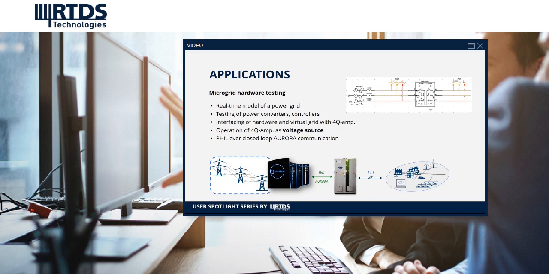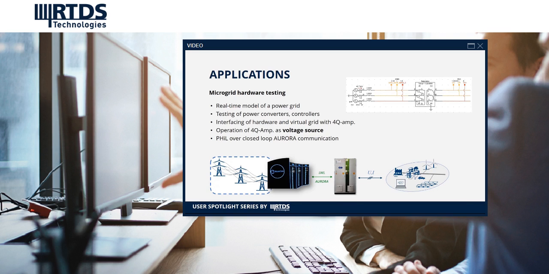Even tests with hardware controllers, for example microgrid controllers, are possible. An advantage is that the structure of the simulated grid is very flexible, and parameters like voltage amplitude and frequency can be simulated, which is normally not possible with real electrical grids.